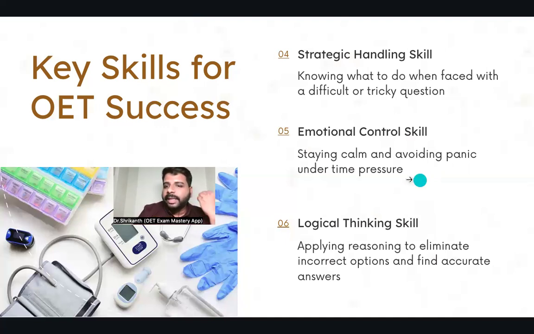That is staying calm and avoiding panic under time pressure. You need to understand that here your greatest tool is your mind. This is an intellectual exam, right? So the greatest tool over here is your mind. The calmer your mind, the more thought quality you will have, the more clarity you will have, and the more judgment skills you have.